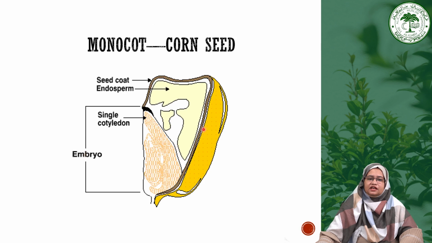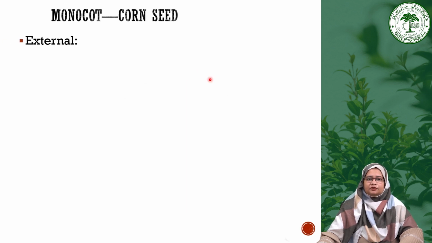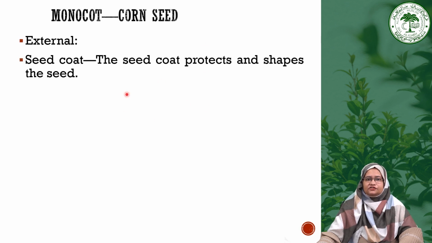Similarly, a monocot seed also has a cotyledon, but only a single one. As you can see in this image, there is only one cotyledon, and a seed coat, and this one is the endosperm, which provides nourishment to the developing plant. A monocot seed, for example the corn seed, also has a seed coat.